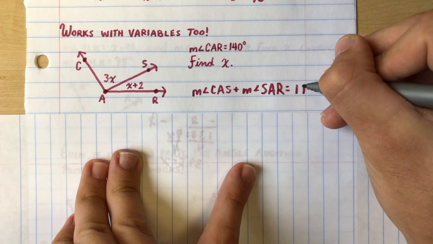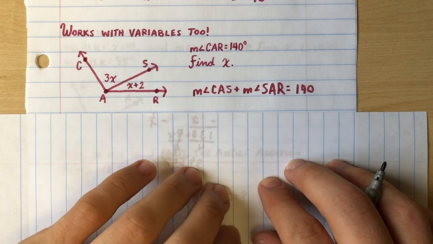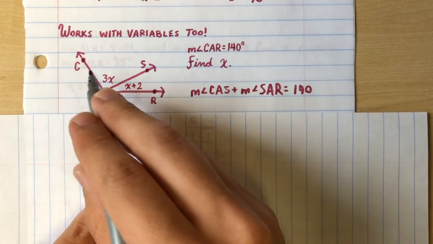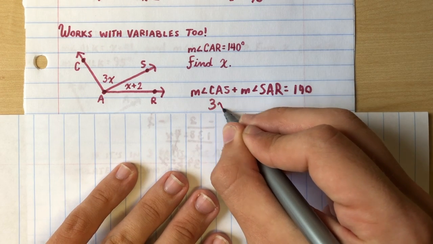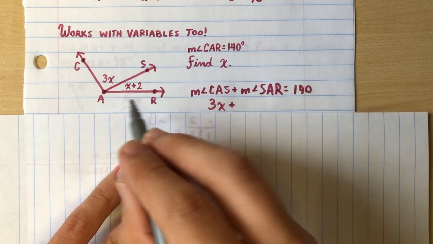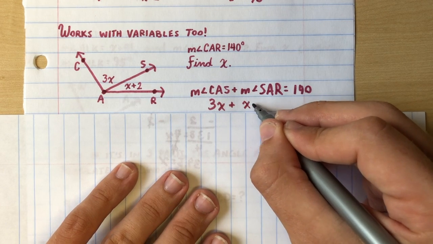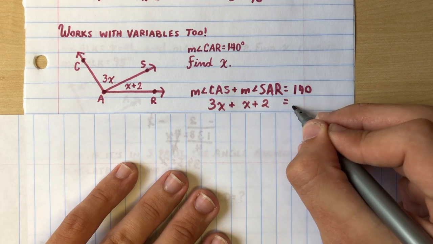So we can set that right there, and then we can keep going. Now we know that the measure of angle CAS is 3x, so we'll replace this with 3x, and then this, it says, is x plus 2, so we'll put that, x plus 2, and then that's got to be 140.